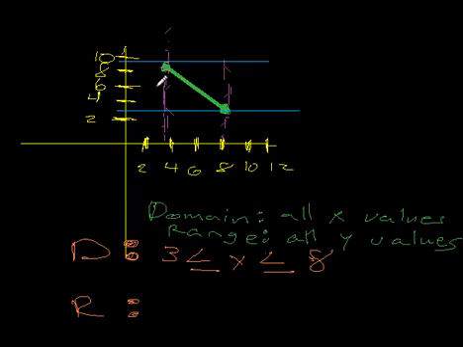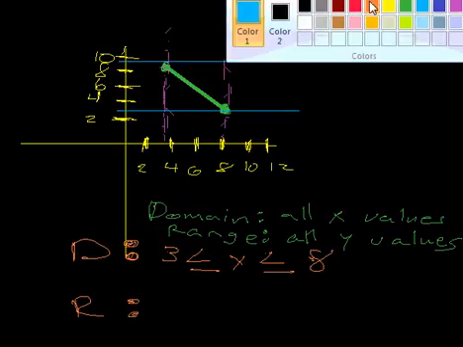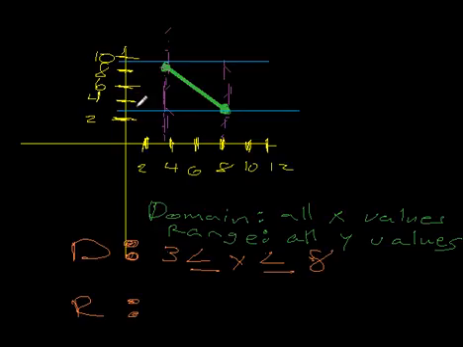So therefore, all of my y values are going to be the following. I'm going to label this. y is greater than or equal to 3, so 3 is less than or equal to y, and y is less than or equal to 9.